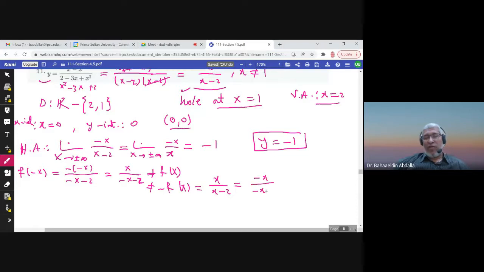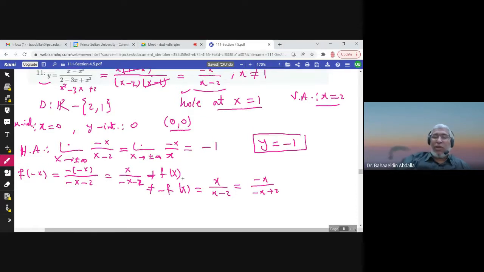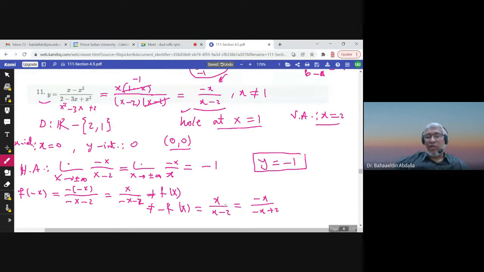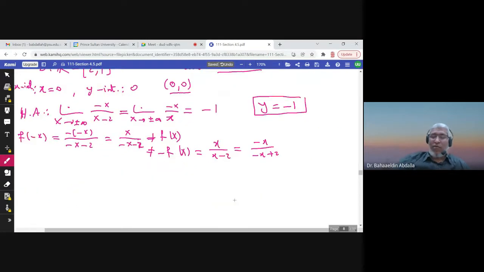So I'll have negative x plus 2. So negative f of x could be this one or this one. These two are equal. If you multiply the numerator and the denominator by negative 1, you will get this one. So 2 over 3 is negative 2 over negative 3. That's no problem with that. And both of these two do not equal x over negative x minus 2. So the function is neither.